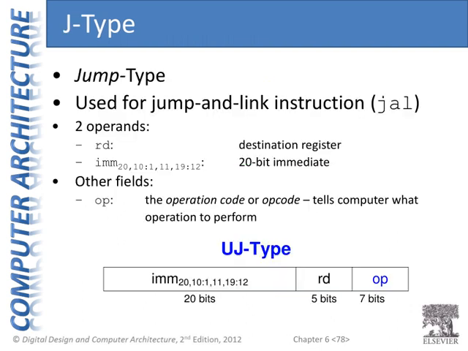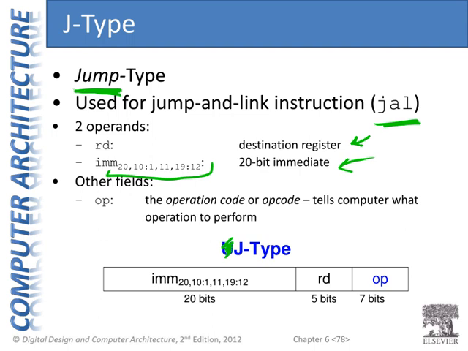The J-type instruction is for jumps, for the jump and link instruction. It looks very similar to the U-type instruction: it has a destination register and also a 20-bit immediate field. This 20-bit immediate is, again, bit swizzled.